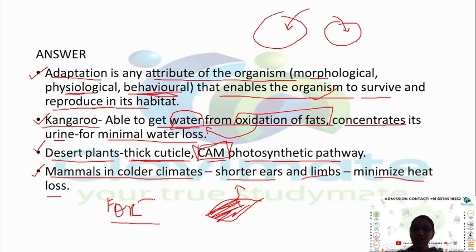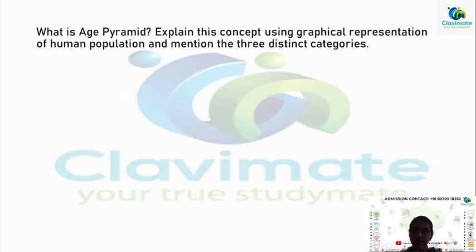So foxes in deserts will have larger ears so that the heat will get lost. Foxes in deserts will have larger ears, whereas mammals in colder climates will have shorter ears. That's the adaptations. You can list any 3 adaptations that you remember.